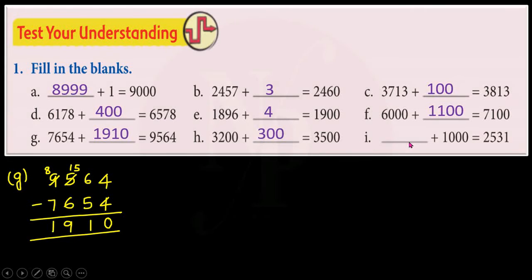I, on adding 1,000 to a given number, you get 2,531. So the number to be written here is 1,531. So 1,531 plus 1,000 is equal to 2,531.